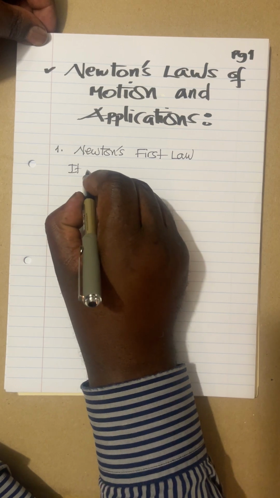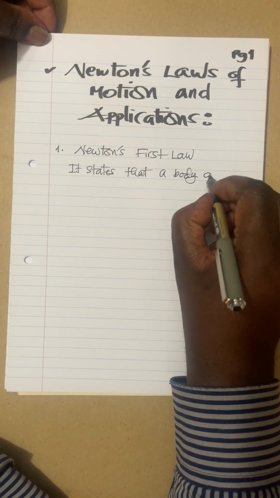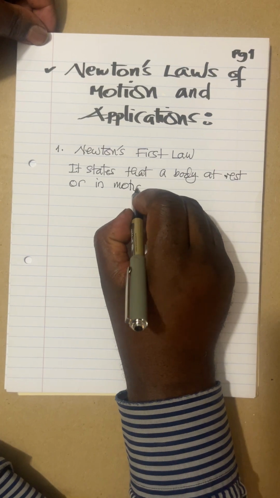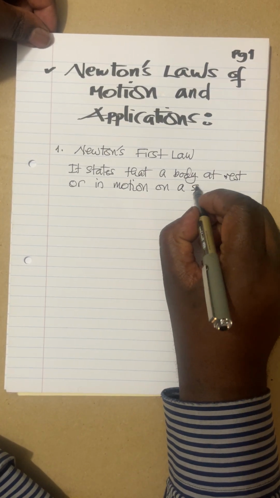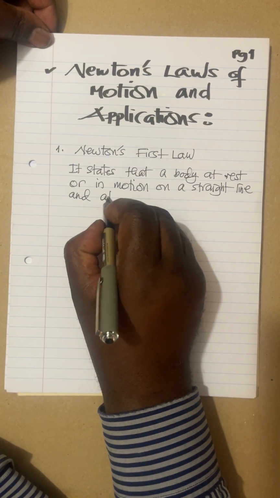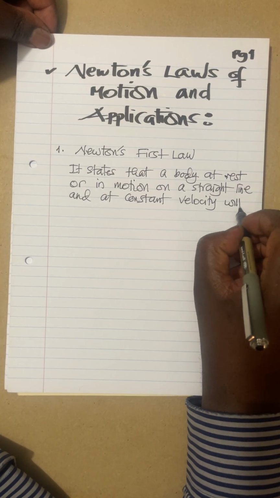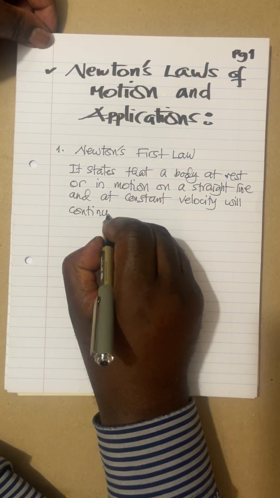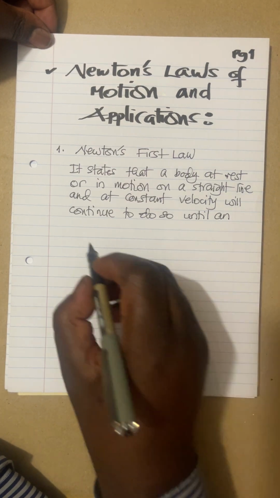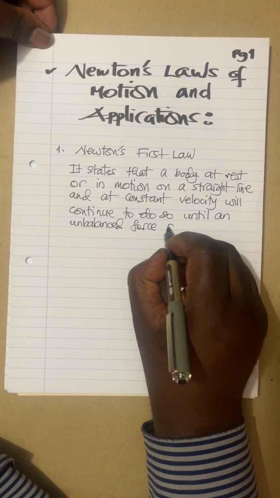It states that a body at rest or in motion on a straight line and at constant velocity will continue to do so until an unbalanced force acts on it.